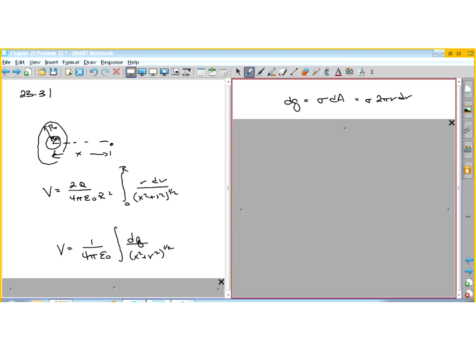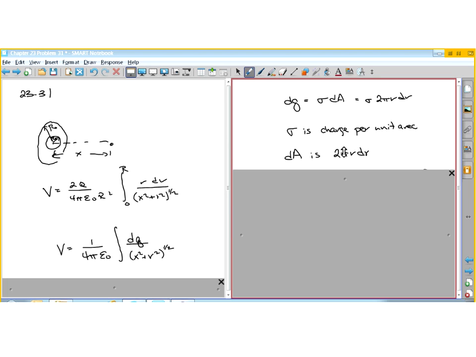The infinitesimal area for this is the circumference, 2 pi r, times the thickness of the ring. Sigma is the charge per unit area. dA is the differential area, which is 2 pi r dr. And so we can substitute both of those.